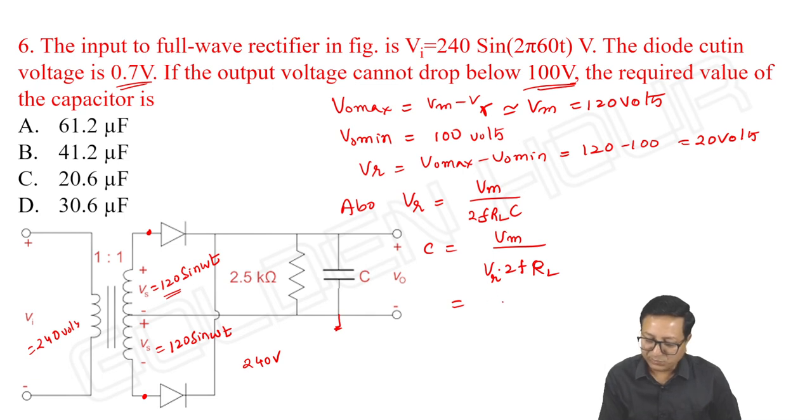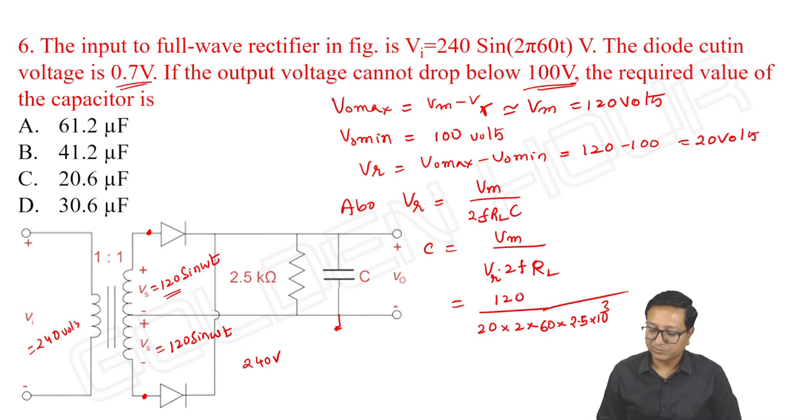Vm is equal to 120 by Vr is 20 into 2 into F is equal to 60 into RL 2.5K. So here 120, here 120 we can cancel, and 20 into 2.5, it is 50. So 1 by 50 or 1 by 5 into 10 power minus 4, 1 by 5 means 0.2, it is equal to 20 microfarad.